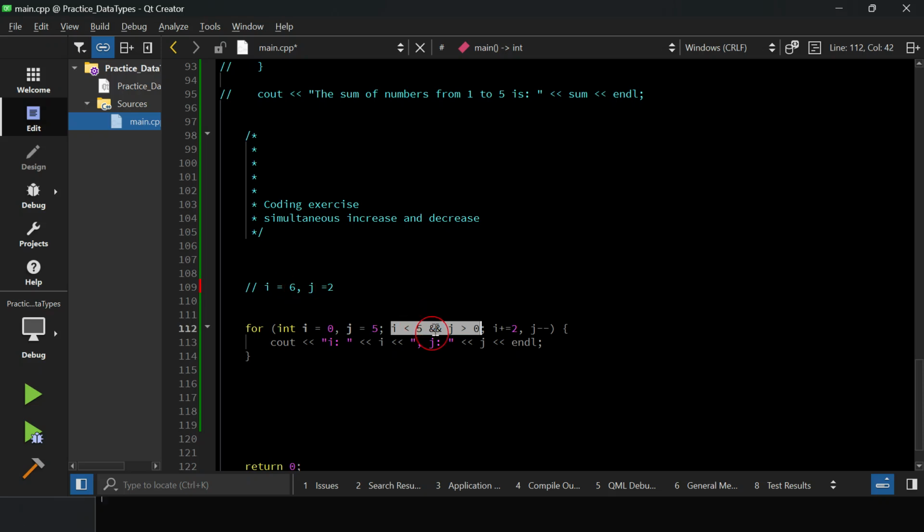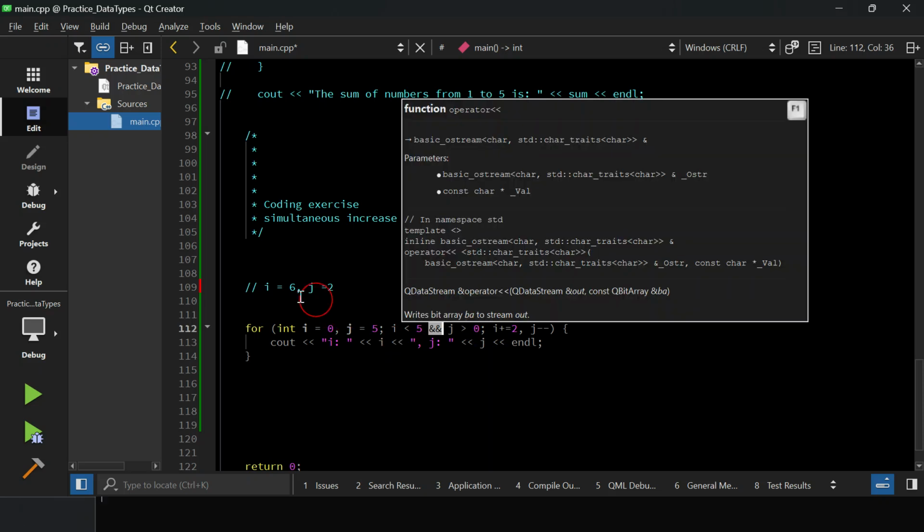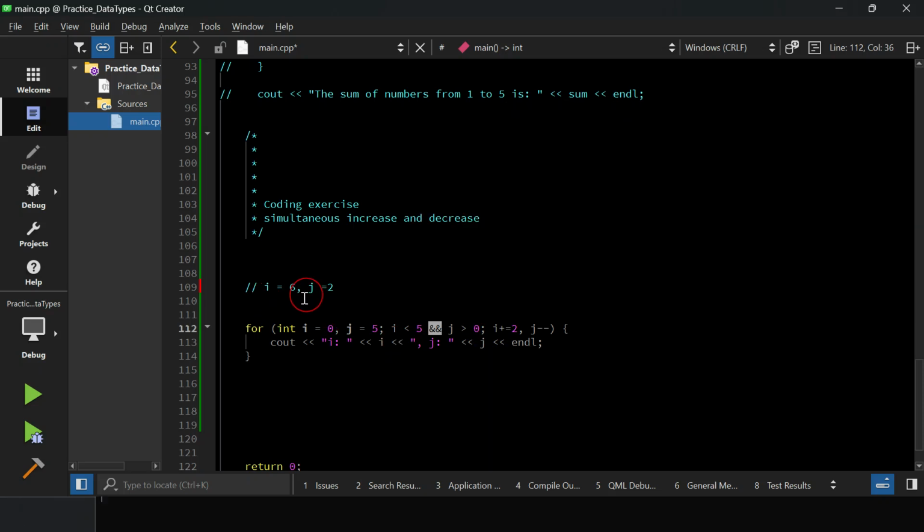And because we have an AND operator here, both of these two conditions must be met. If either of them is not met, then we cannot enter this loop. So since i equals 6 is not lower than 5, this condition will not pass.